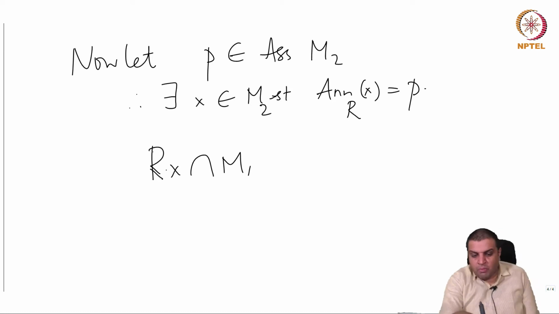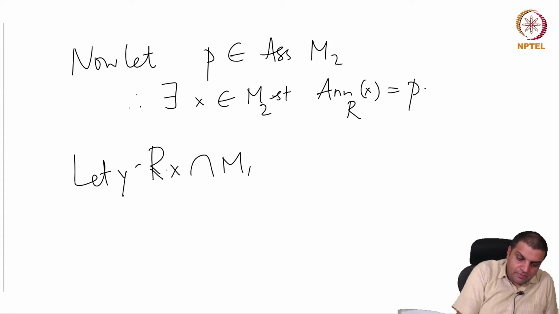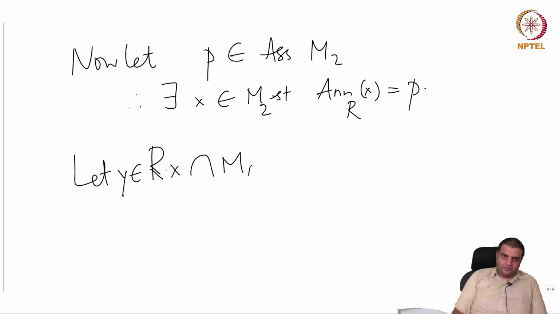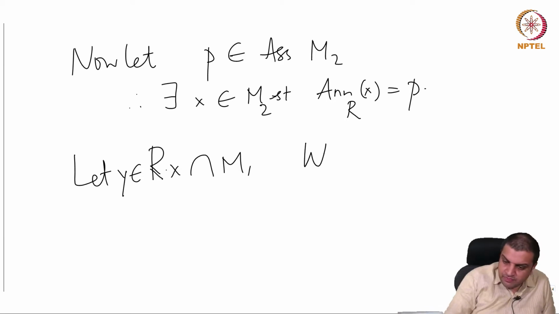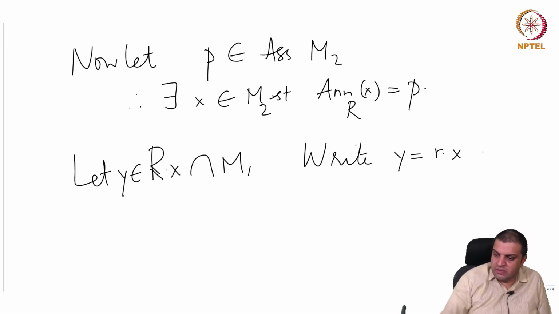So Rx is a submodule of M2. It is called a cyclic submodule because it has just one generator, like a cyclic group. And that intersect M1 is a submodule of M1. Okay, so let y be inside here. Write y as rx, and r has to be outside P because P kills x.